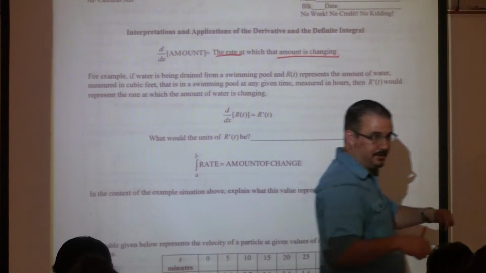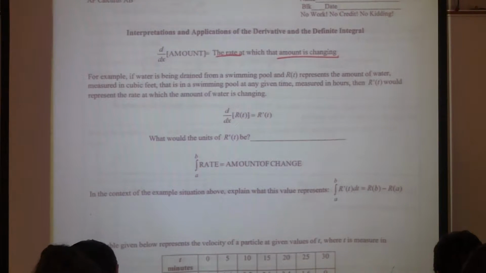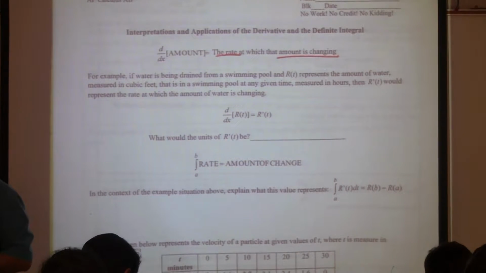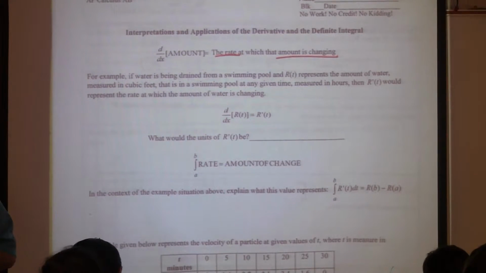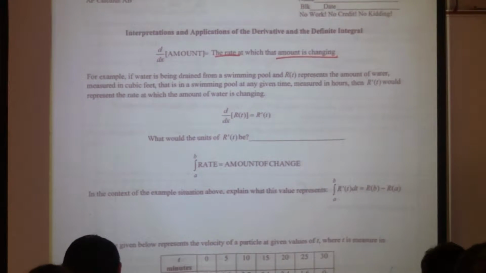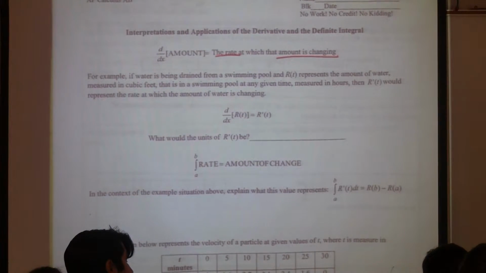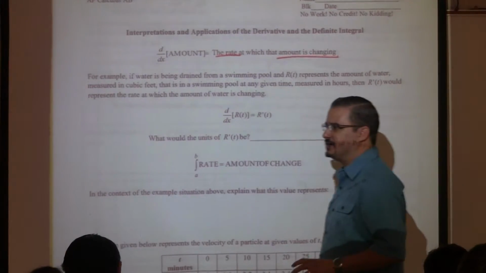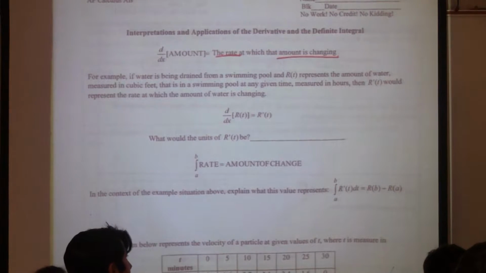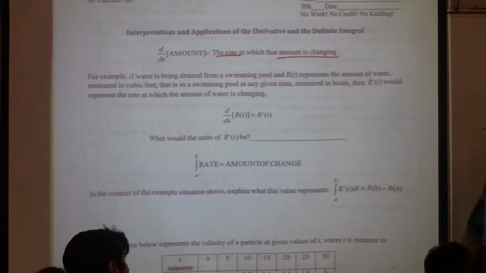So R prime is telling me the rate at which the amount of water in the pool is changing. And at what kind of rate should that be changing? At a negative rate, because we know that the water is being drained, so the amount of water in the pool should be decreasing. Very good. Are we okay?